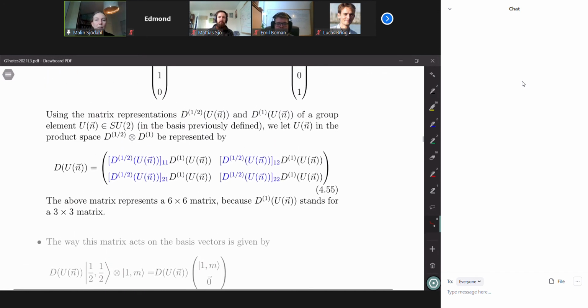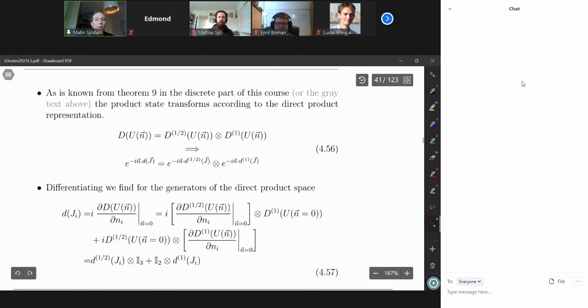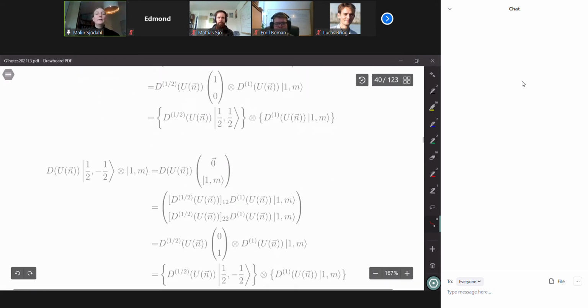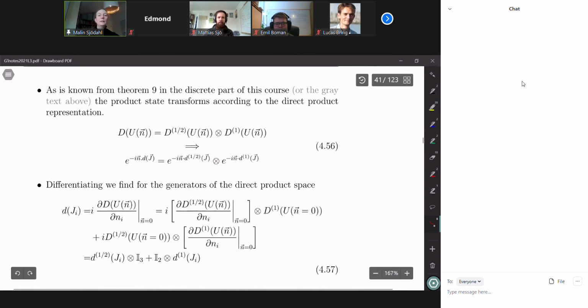To see the action of this matrix on the basis vectors, it is enough to use material that you should have seen before. I'm not entirely sure if it's still theorem 9, but in a theorem known from the discrete part of the course, or the gray stuff that I'm skipping up here, so you actually don't need it if you recall your discrete group theory. The product state transforms according to the direct product representation. So this you should have proved in the discrete part of the course.